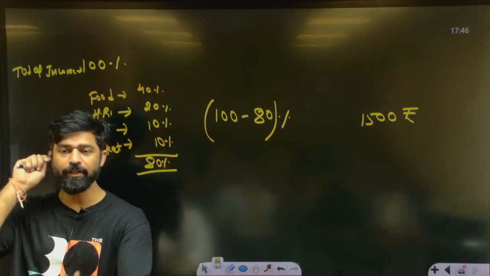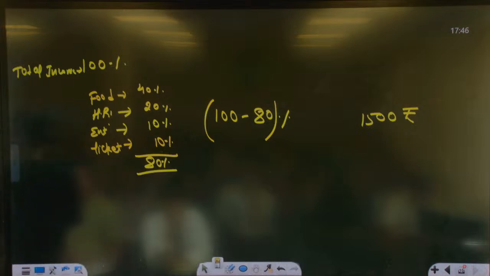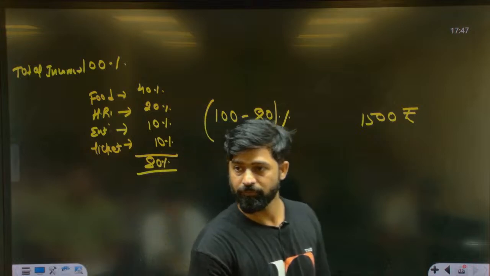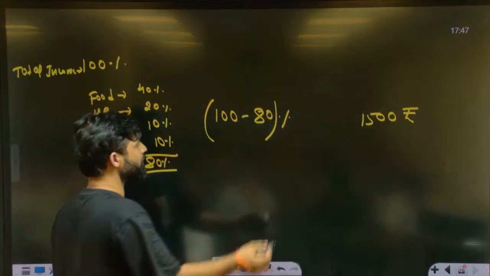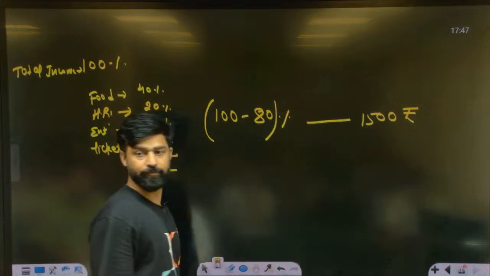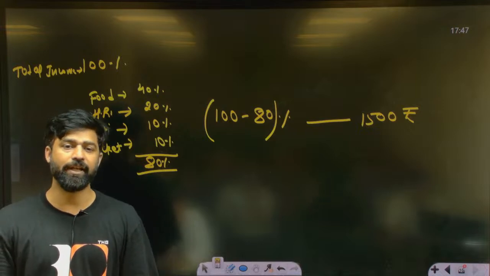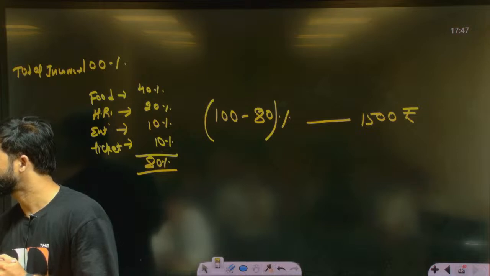So that 1500 rupees is also her savings, but that 1500 is in rupees, and in percentage she has 20%. So we can say that this 20% is equal to 1500.